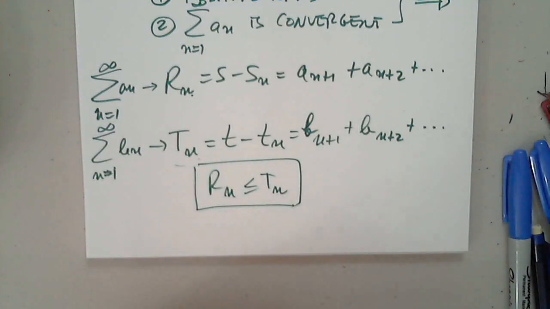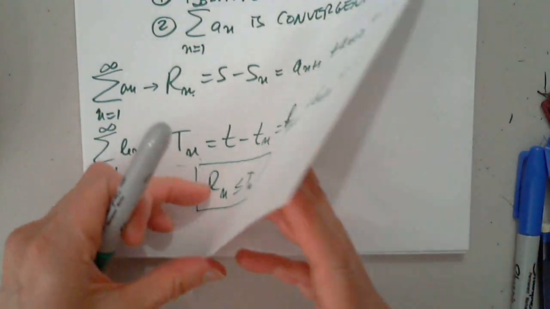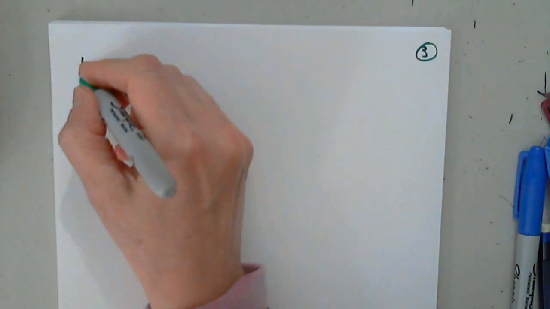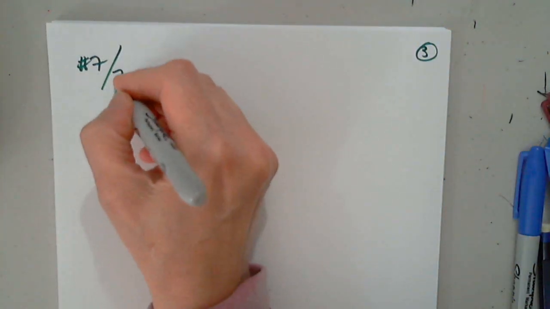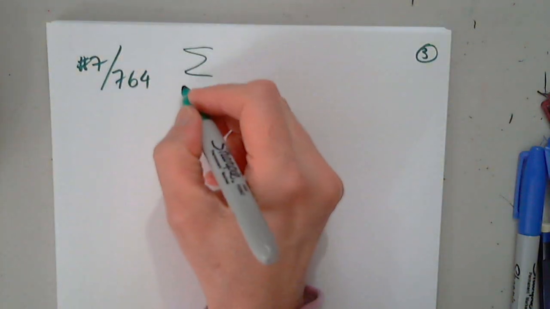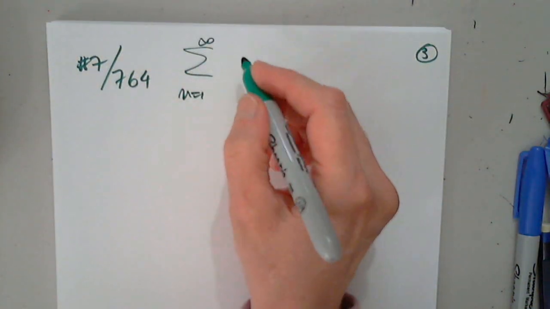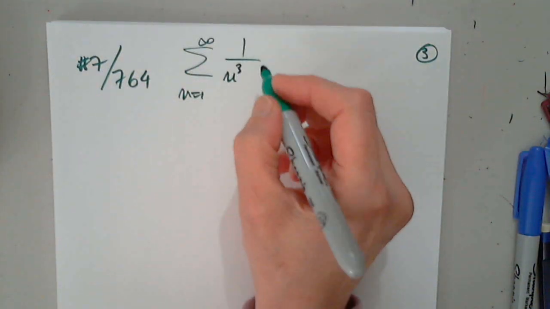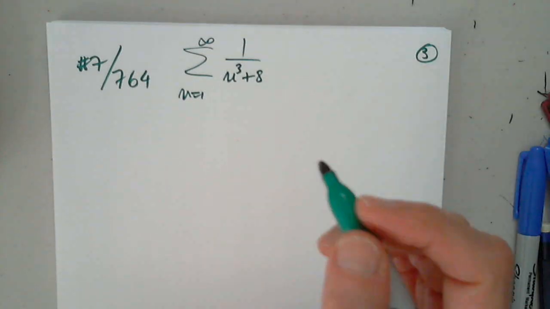Okay. So now let's look at a few examples. So at page 3, let's look at 7 on 764. The question is asking us to determine whether the series converges or diverges. And we have the sum n equals 1 through infinity of 1 over n cubed plus 8.